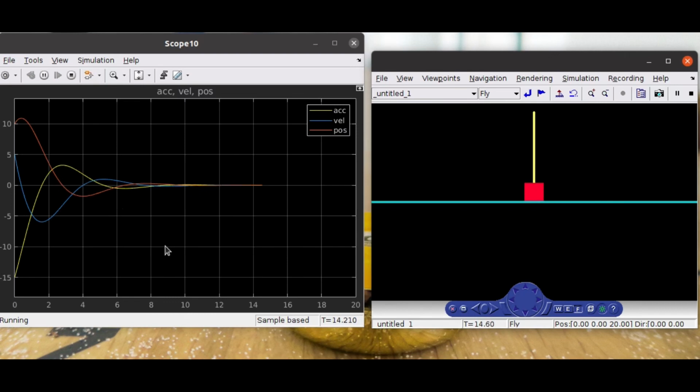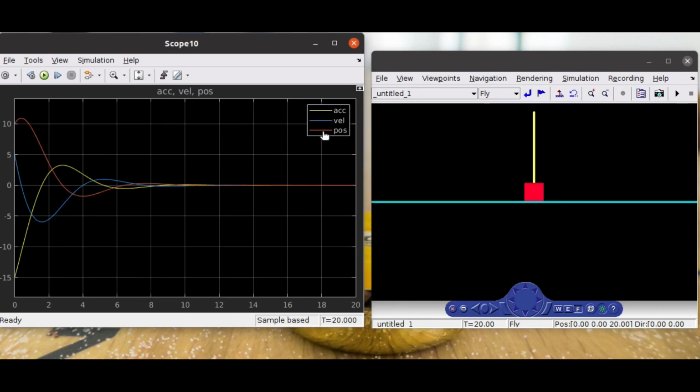And this phenomenon continues until both the position and the velocity of the body become 0. Thus, the force acting on the body also becomes 0. So in this case, our objective is achieved.